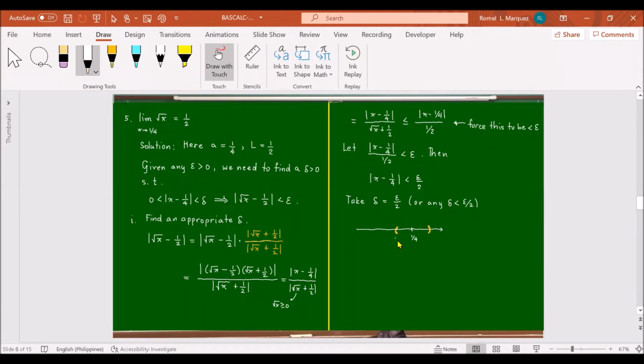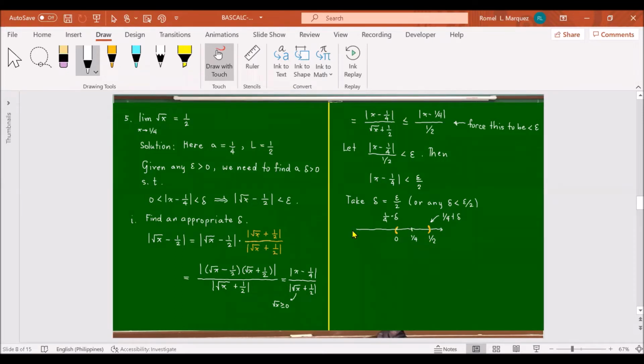And this is 0, and this is 1/2 after adding. So this is 1/4 plus delta, and this is 1/4 minus delta. Okay?